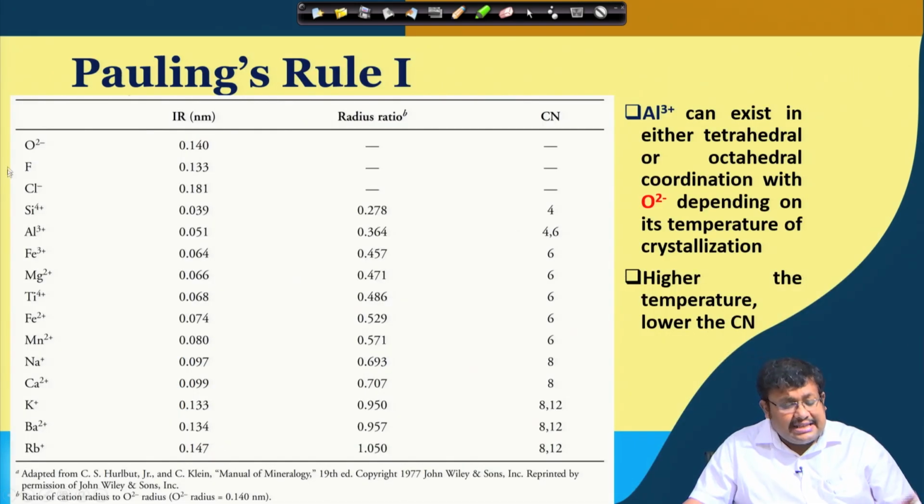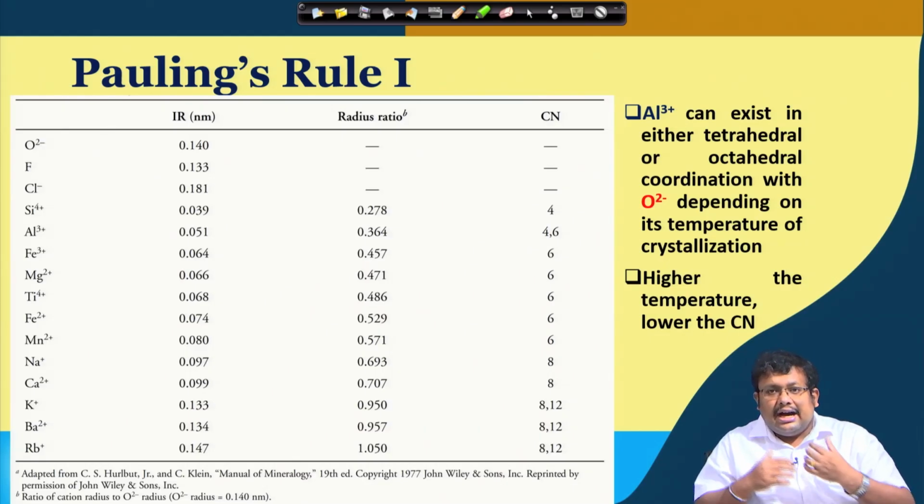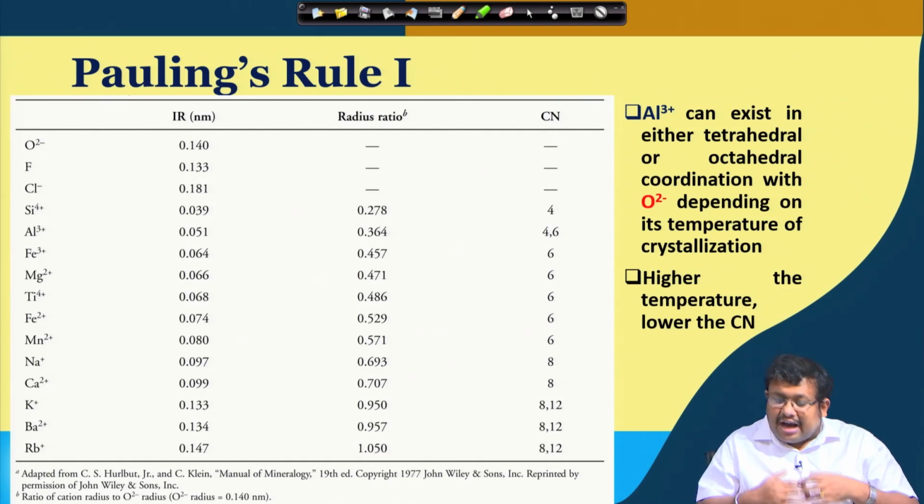Also, we can see here different ions, cations and anions, and their ionic radii, and also their radius ratio and corresponding coordination number. So, one thing is clear: aluminum, which is the 3+ aluminum cation, can exist in either tetrahedral or octahedral coordination with the oxygen anion, depending on its temperature of crystallization, because the higher the temperature, the lower the coordination number.